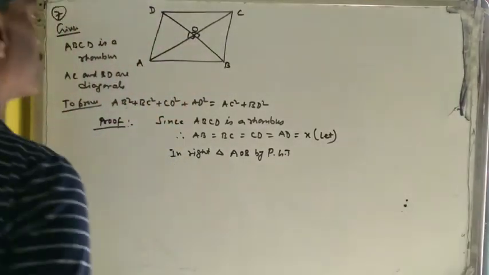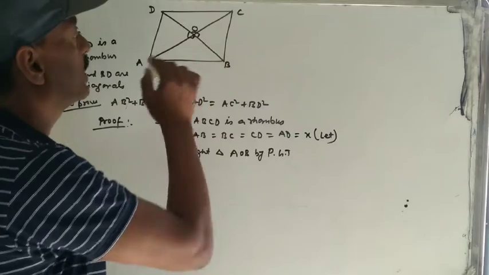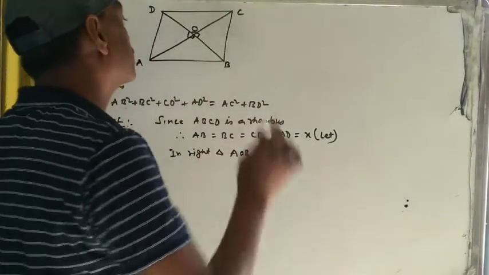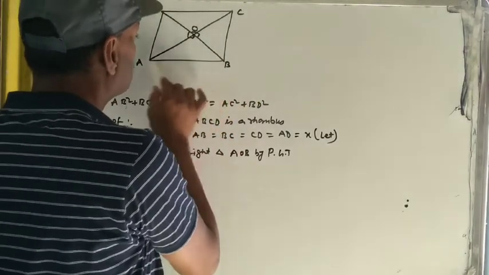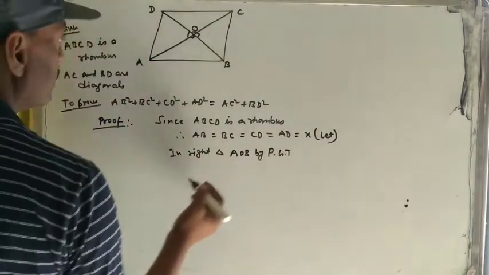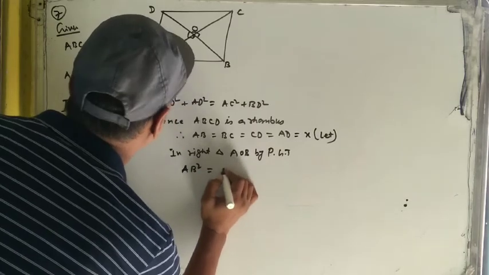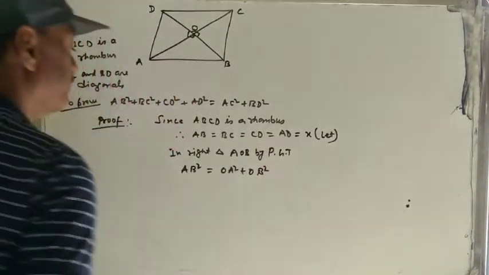Because the diagonals bisect each other at right angle, this will be the hypotenuse and there will be the sides. So by Pythagoras theorem we can write AB square equal to OA square plus OB square.